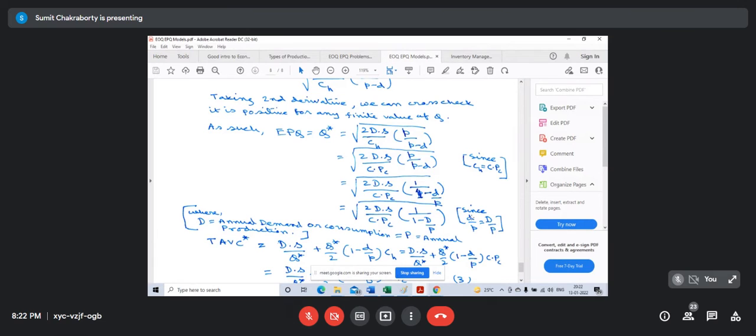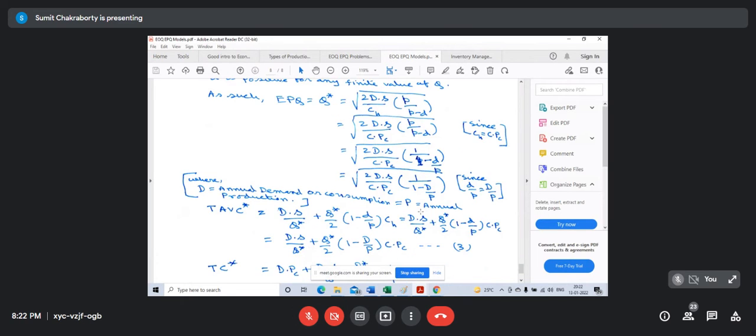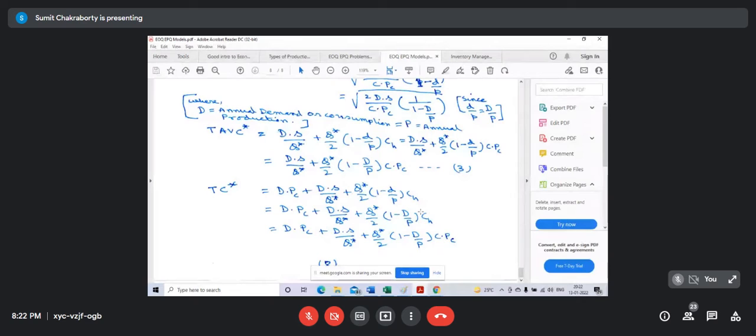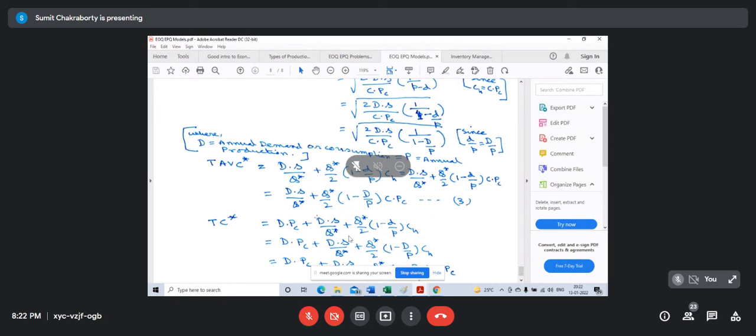Now we know small d by small p equals capital D by capital P. Annual demand over annual production, that ratio is the same as daily demand rate over daily production rate. For TAVC, you just replace all the Q's with Q star. Similarly, for TC, you replace all the Q's with Q star. You get that.